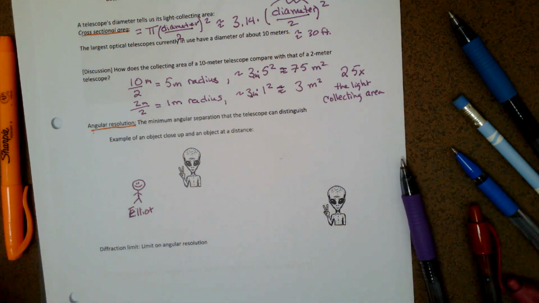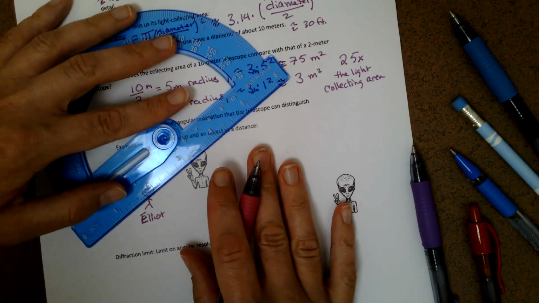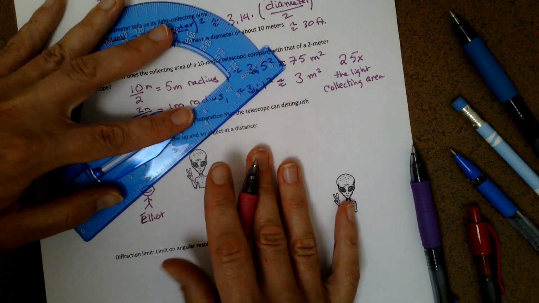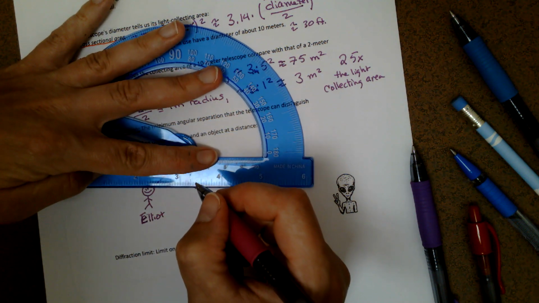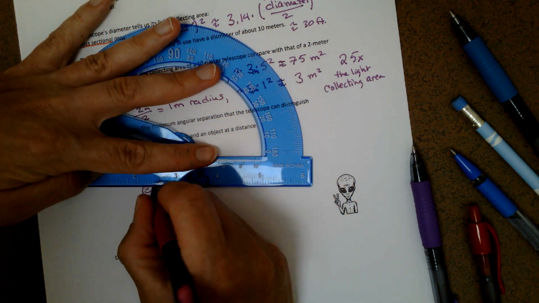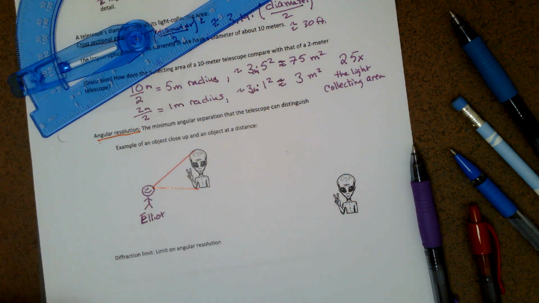I'm going to start over here with this alien. This is one of the times your colored pens might be useful. So here's my angular separation if I'm looking at the whole image of this alien right here. It's like that.